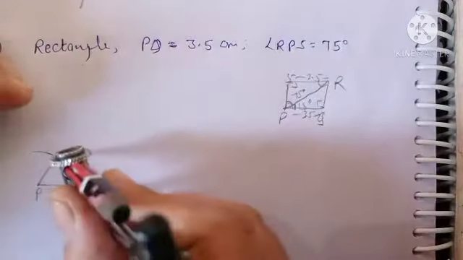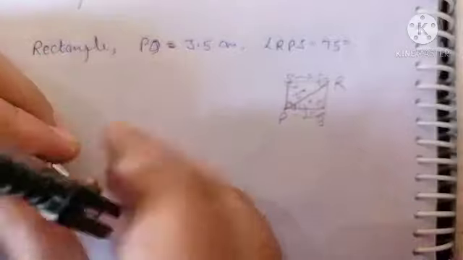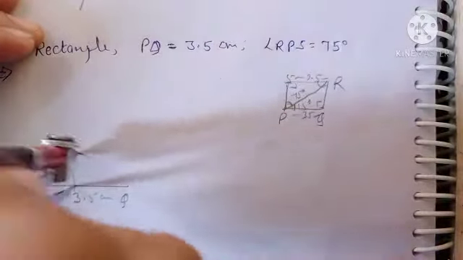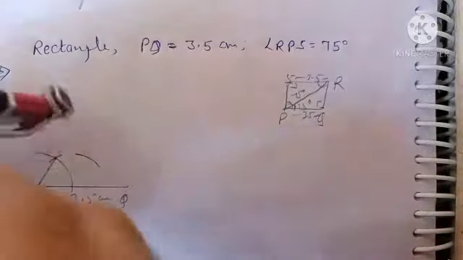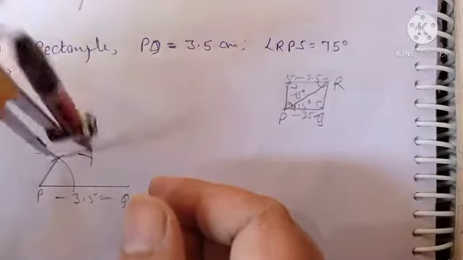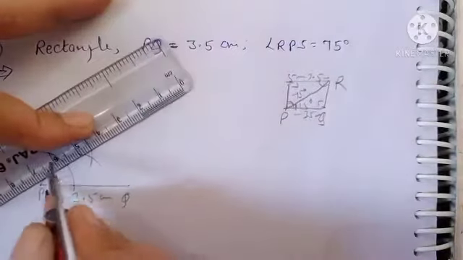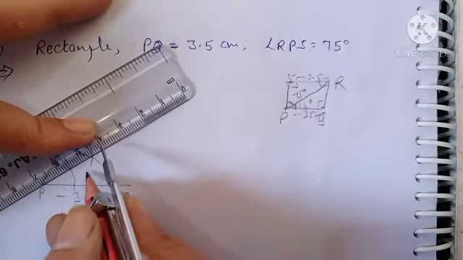Now we have to construct half of 60, so we have to draw an arc here and we will intersect the previous arc, then it is a 30 degree angle. Now we will join P to this point of intersection.